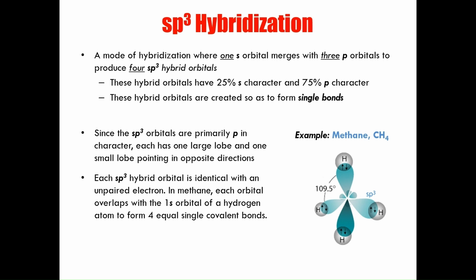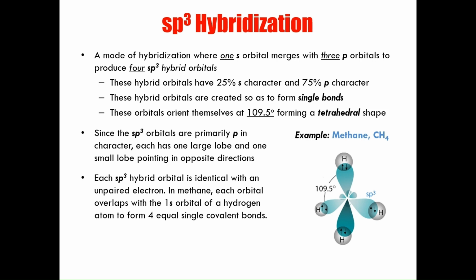Each sp3 hybrid orbital is identical with an unpaired electron. In methane, each orbital overlaps with the 1s orbital of a hydrogen atom to form 4 equal covalent bonds. Now, in situations where you don't want to create 4 equal bonds, and you may want a double or a triple bond, different forms of hybridization may occur within the central atom.